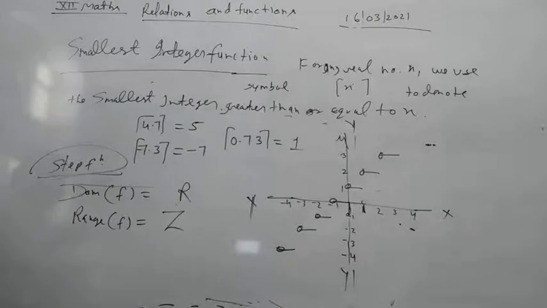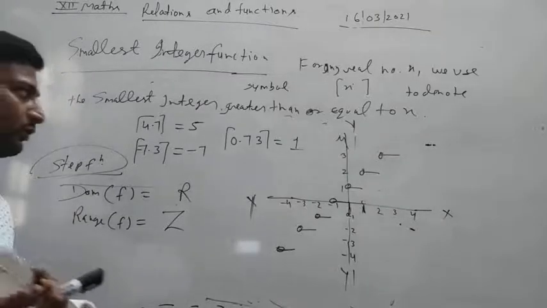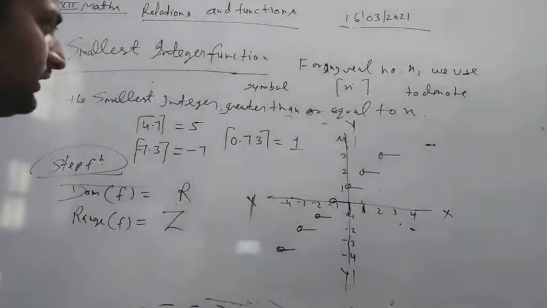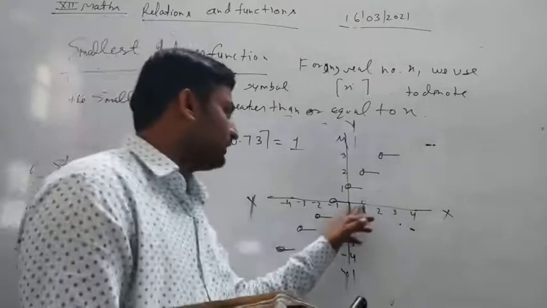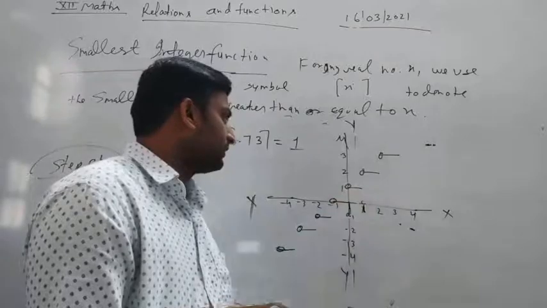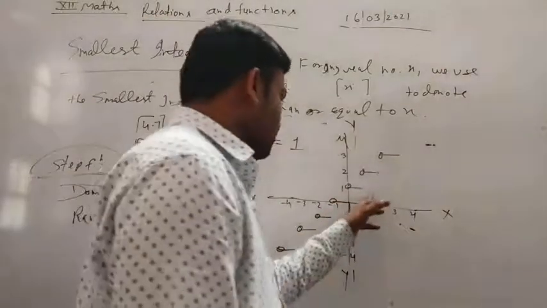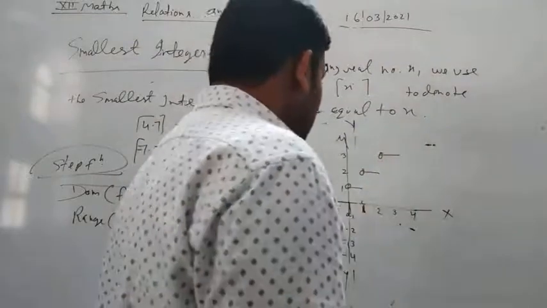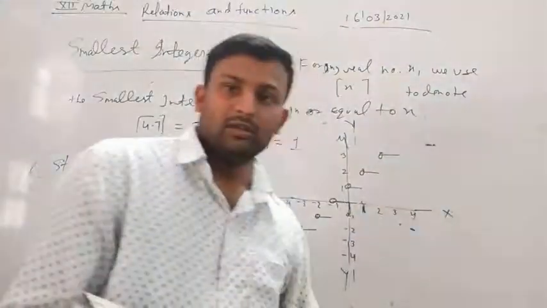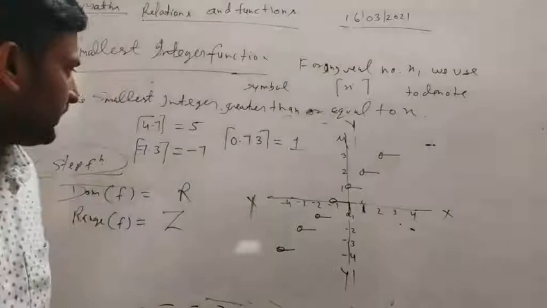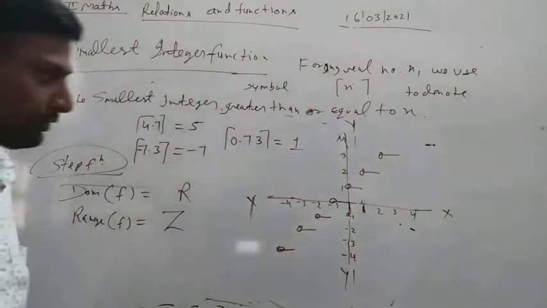Because if we are taking 0.1, 0.2, 0.3, 0.7, its value gives us 1. Similarly, if we are taking 1.2, 1.3, 1.4, its value gives us 2.